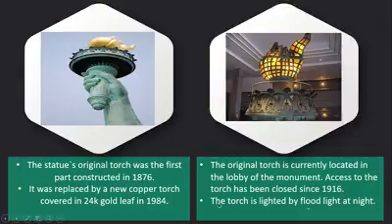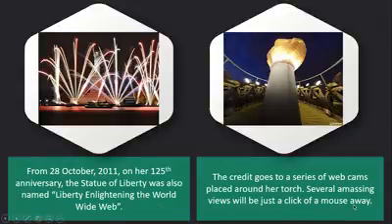Access to the torch has been closed since 1916. The torch is lighted by floodlight at night. From 28 October 2011, on her 125th anniversary, the Statue of Liberty was also named Liberty, Enlightening the World Wide Web.